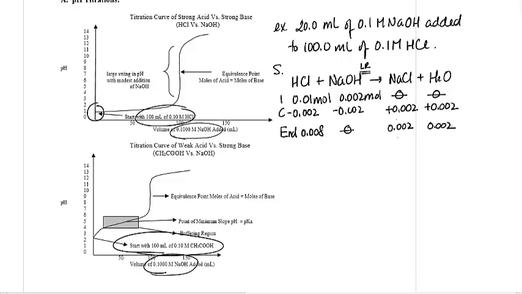Now, some things that need to be considered here are the following. The first thing is we know that water is a major part of this reaction because we are working with solutions, and so therefore water is not going to be involved in any of our future calculations.